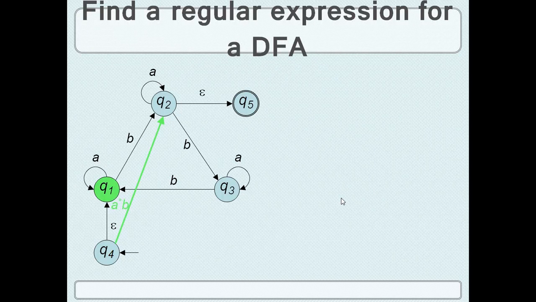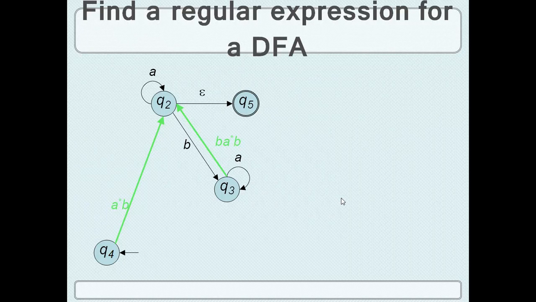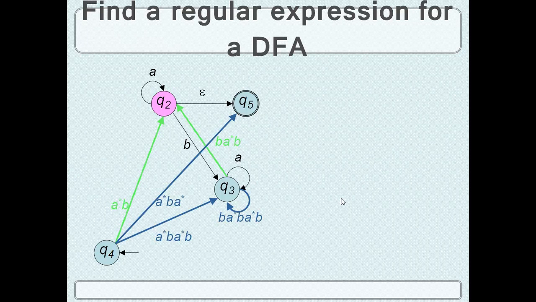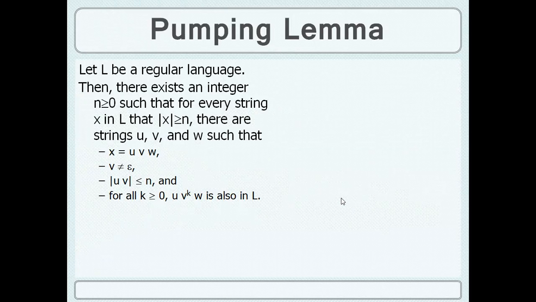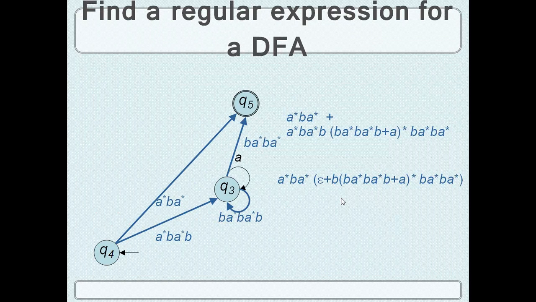We'll start from Q1, which has transition A, then Q4 to Q2 with A star B, then we connect Q2 to Q3 to Q2 with B A star B, then similarly we'll find the regular expression for the DFA.